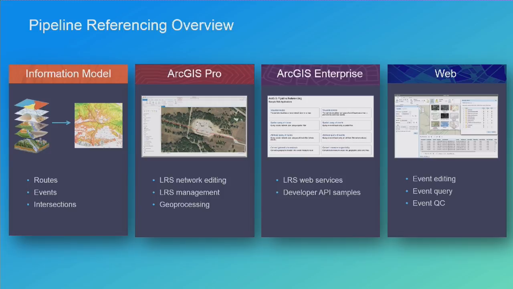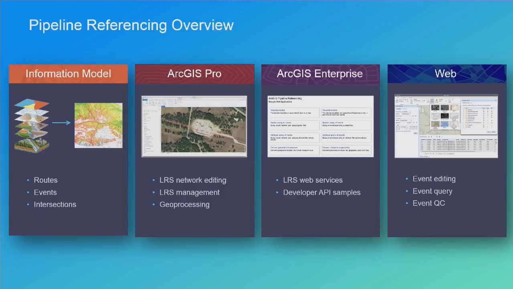So as long as it's linear referencing, you can apply this concept to anything like roads and highways. But specific to the information model, a couple of differences that you see: this tool is specifically built for the pipeline industry.